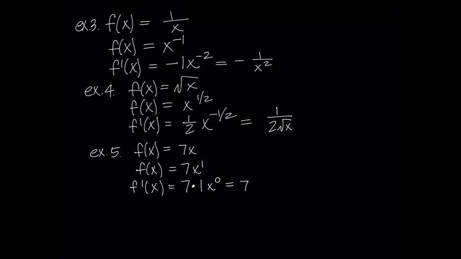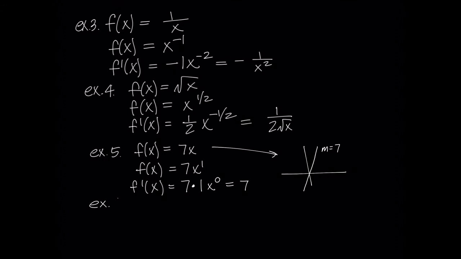Now this makes a lot of sense because if we were to graph y equals 7x, we would have a line that has a slope of 7. And since it's a line, every single tangent line to this line will have a slope of 7. So that makes sense. Okay?